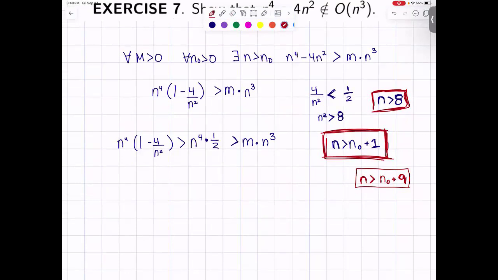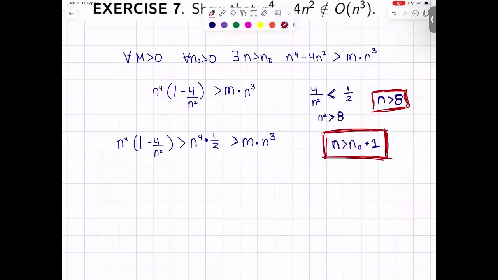That's also totally fine. You could combine them like that, and that would still be a fine solution. You just have to make sure that in your n value you take into account that n naught. We didn't lose that here. That's acceptable.